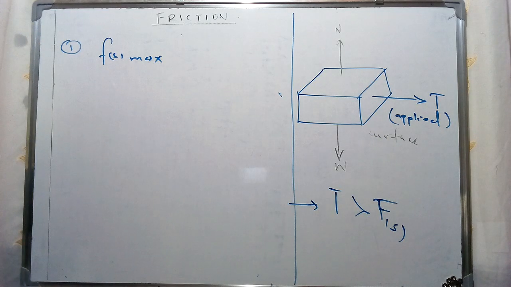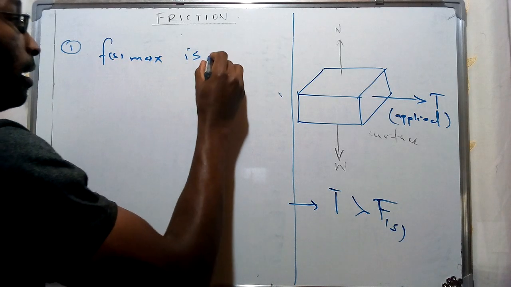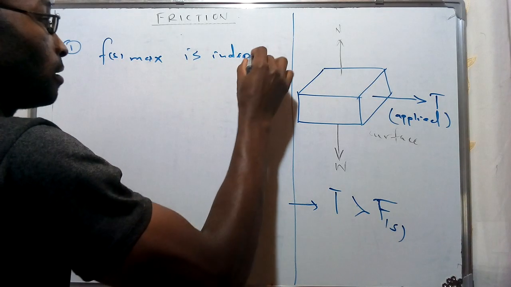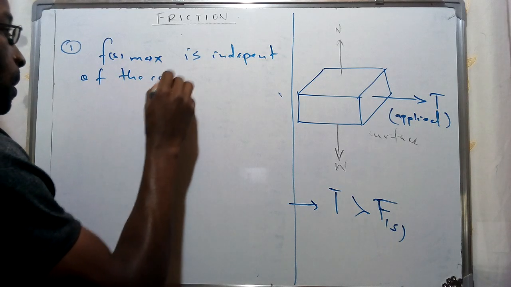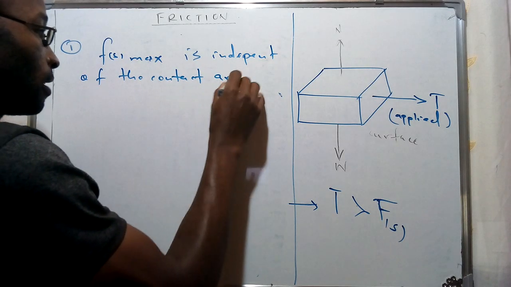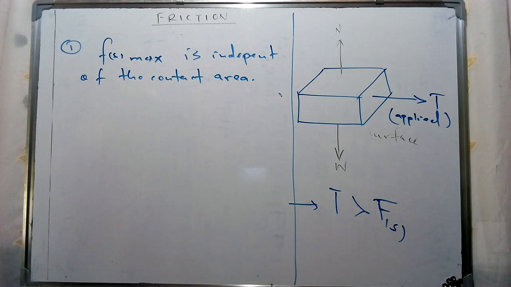So we're going to have this static friction shown using F sub S maximum. And therefore, this is going to be independent of the contact area. The contact area is the region, the area of contact between the two objects, one sliding on the surface of the other.